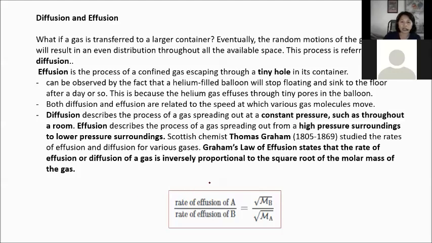So mathematically, this is Graham's law of effusion: rate of effusion of gas A divided by rate of effusion of gas B is equal to the square root of molar mass of gas B over the square root of molar mass of gas A.